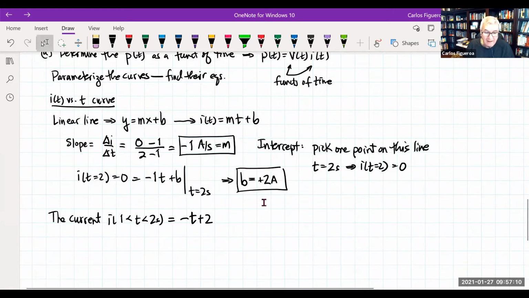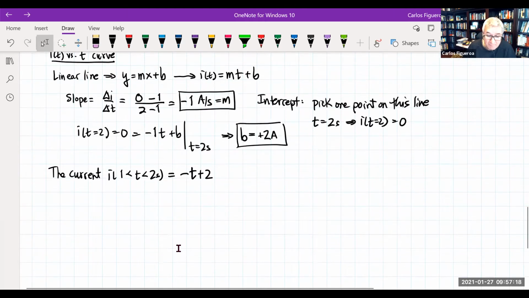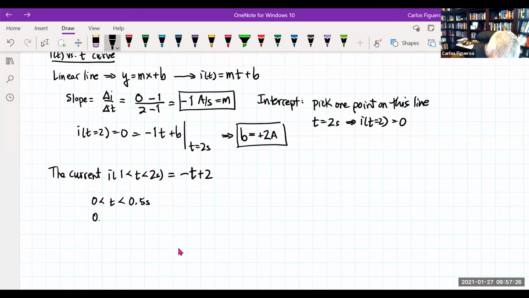So now that I have my equation, what I could do here is set up a table. If I set up a table, I'm going to do half a second intervals. Actually, you know what?